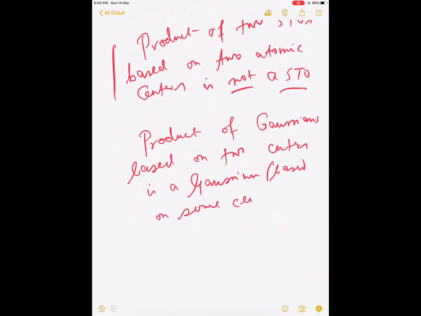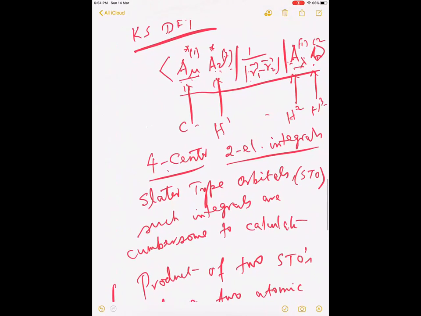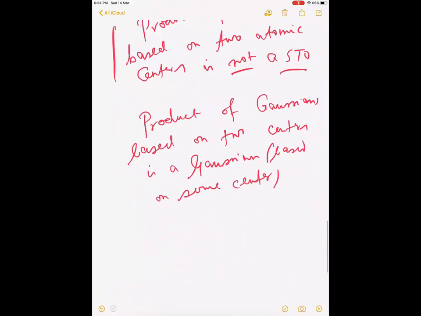That can be calculated. It will not be on any of these 2 atomic orbital centers, but somewhere in between. But then what will happen? I can combine these 2 into one Gaussian. I can combine the a nu and a sigma, on which electron coordinate 2 is there, in one center. And I can reduce this 4-center to a 2-center integral. So Gaussian has that property.